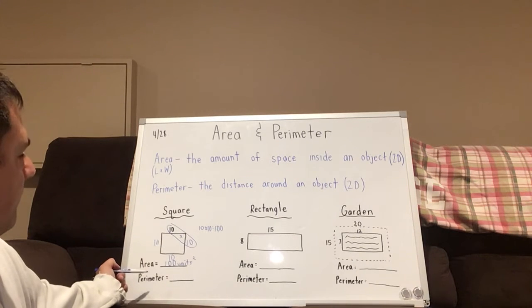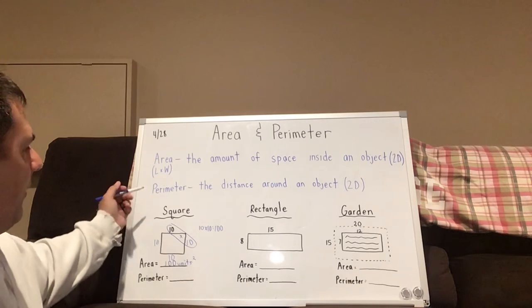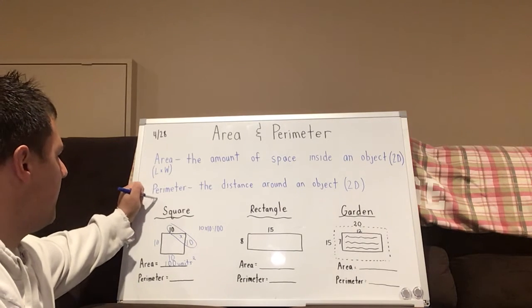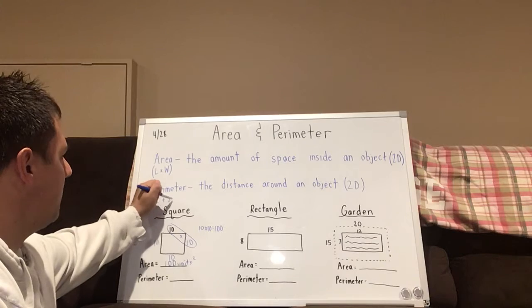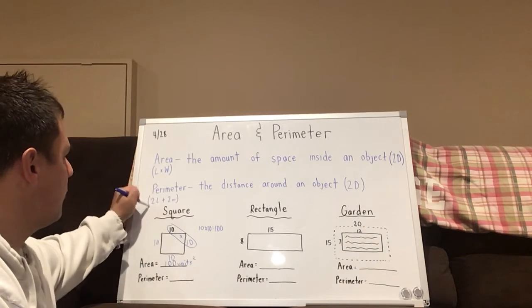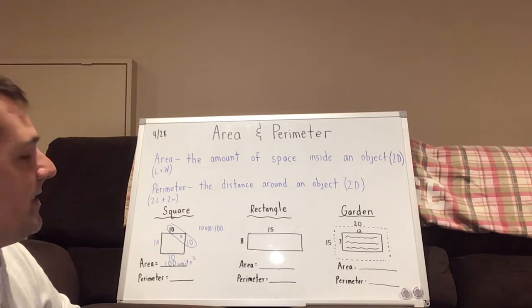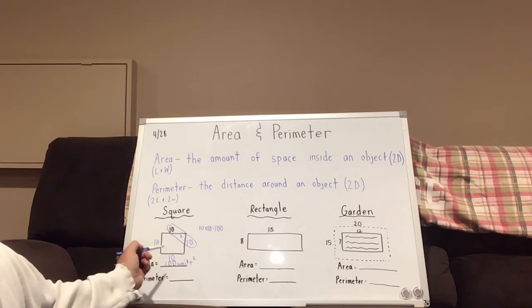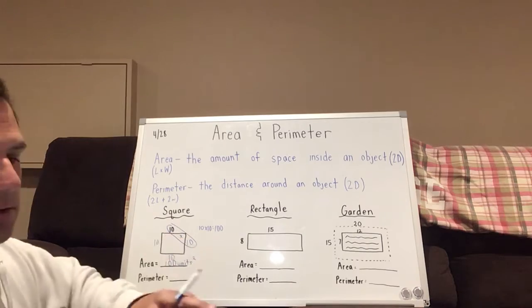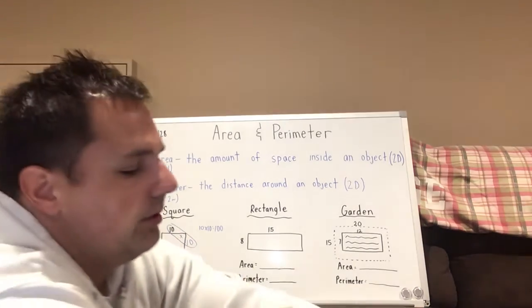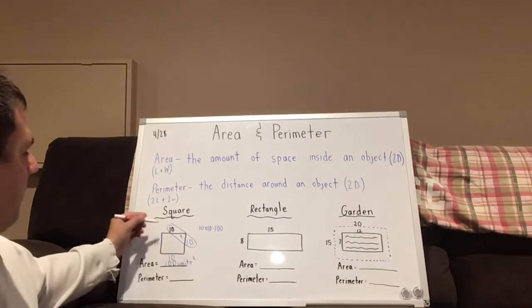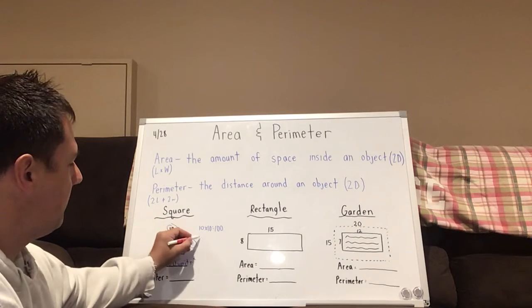Now my perimeter, again, the formula for perimeter is really 2L plus 2W, and that really stands for 2 times the length plus 2 times the width. But the easiest way to do it is for you just to take all sides and add them up. So what we're going to really do is take the top, and I know the top is 10 and the bottom is 10.